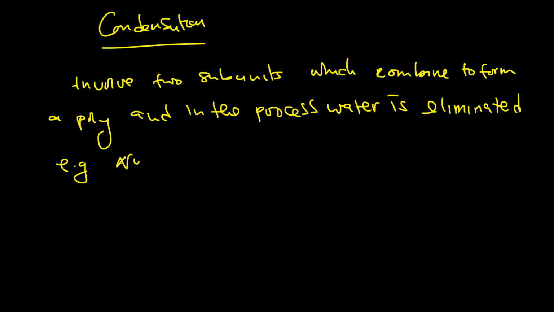What is more important here is to look at the types of condensation polymers. One of them that you are going to look at is nylon and also terylene. These are examples. Terylene is spelled like this. So we'll start by looking at nylon.